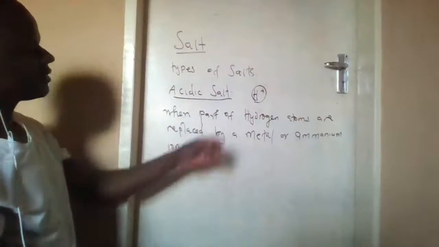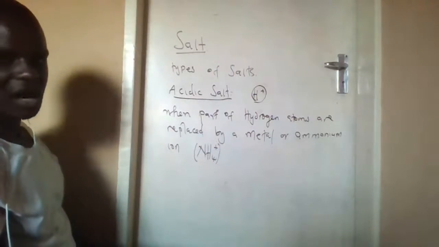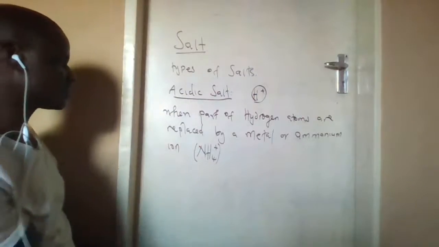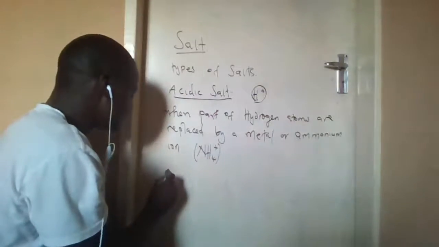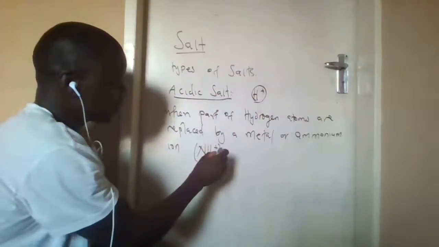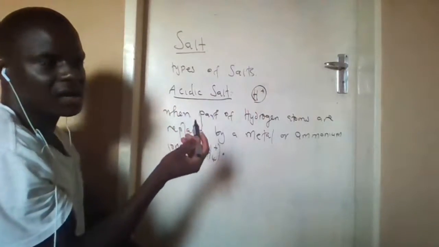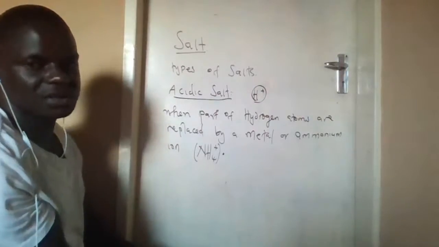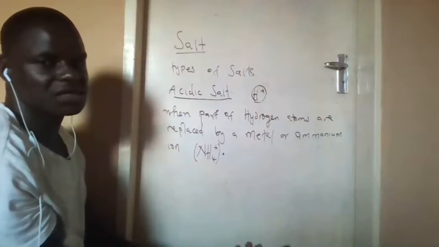So I say when part of the hydrogen atoms are replaced by a metal or ammonium ion, how can we present this? By the way, these are normal salts. But be reminded that most of the time the acids used here are diprotic or triprotic acids.